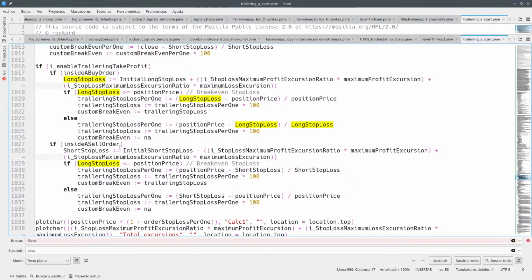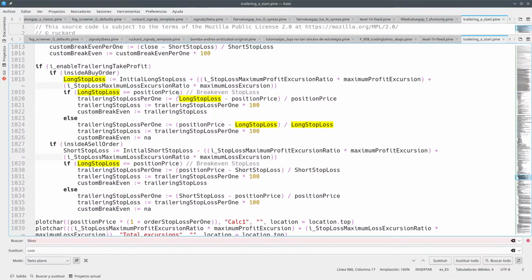Hey, wait a minute, this is not right. If you are inside a buy order, long stop loss is initial long stop loss plus something. That's right.